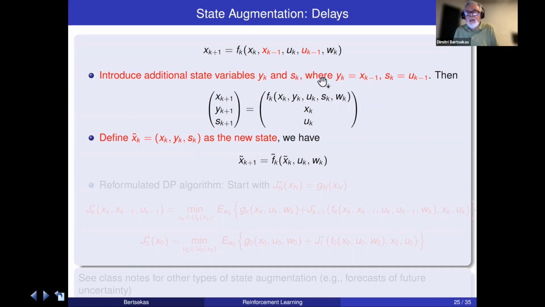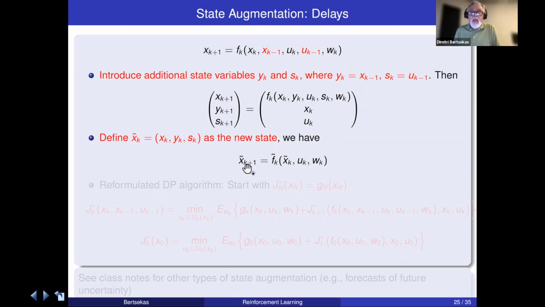This stands for that, and this stands for that. And the additional state variables propagate according to this equation. So now we call the triplet of x, y, and s the new state, and it enters in the right-hand side as x_k, y_k, and s_k. And this equation is of the form that we know and can use for dynamic programming. It does not involve any delays.